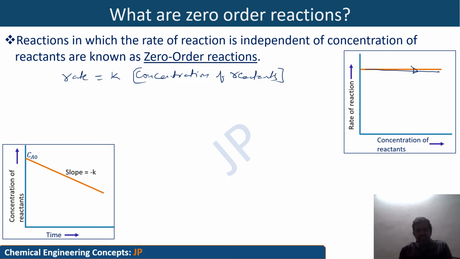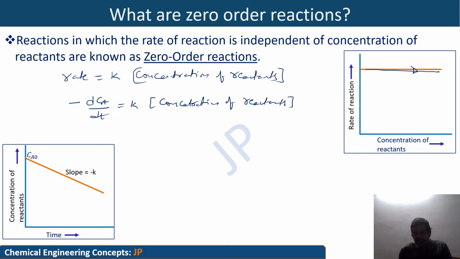But what is the instantaneous rate of reaction? We know minus dCA by dt equals K into concentration of the reactants. We have seen in the previous examples that the concentration of reactants is the same as time proceeds.